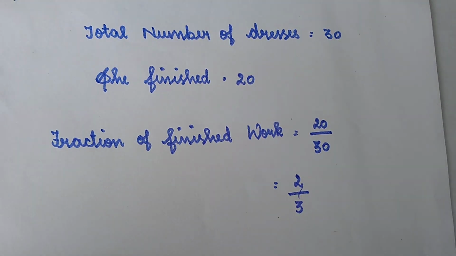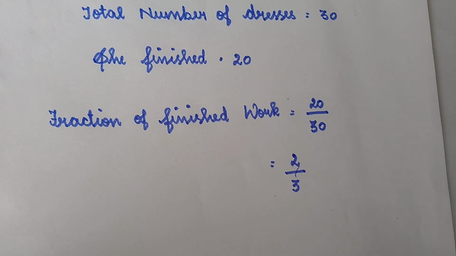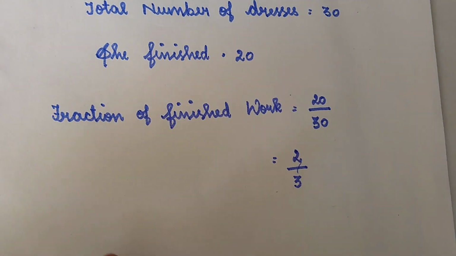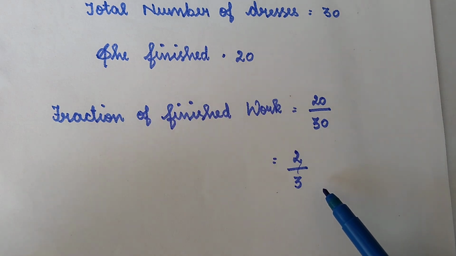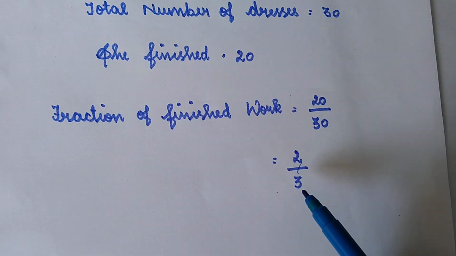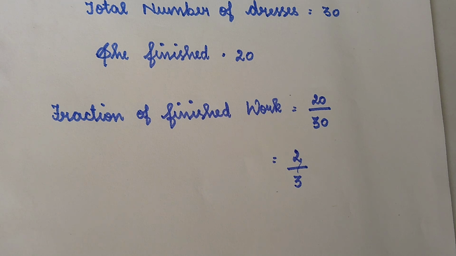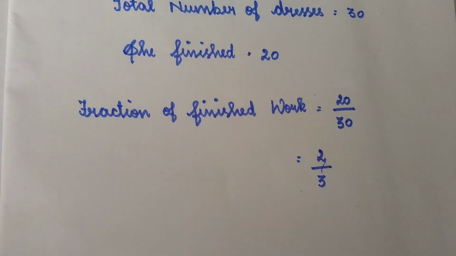So we get 2 by 3. Therefore the fraction of finished work is 2 by 3. This sum is over.